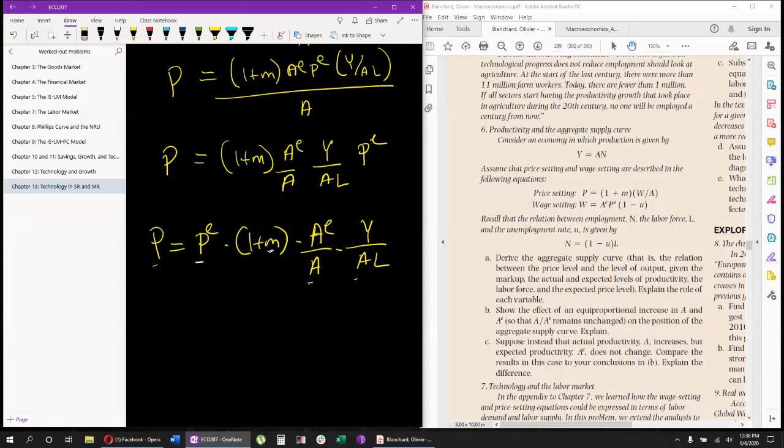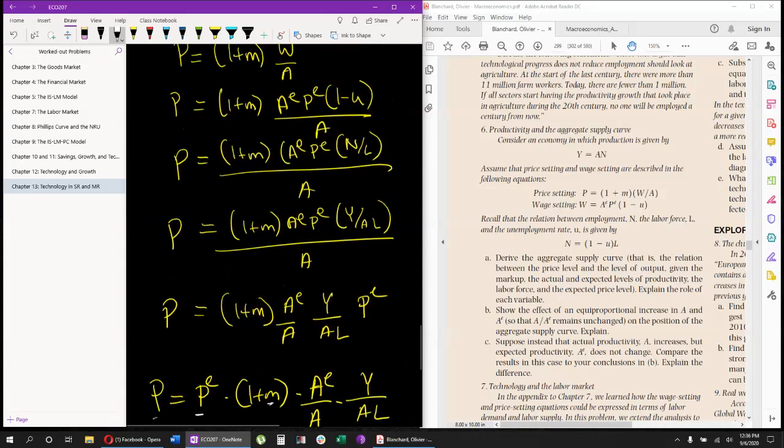So what you guys have to do in the final part of part A is explain the role of each variable. So basically explain how PE, M, AE, A, Y, and L affect P. Okay, I've done the derivation.